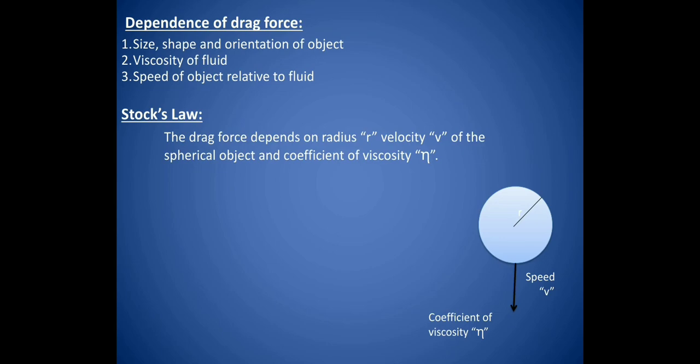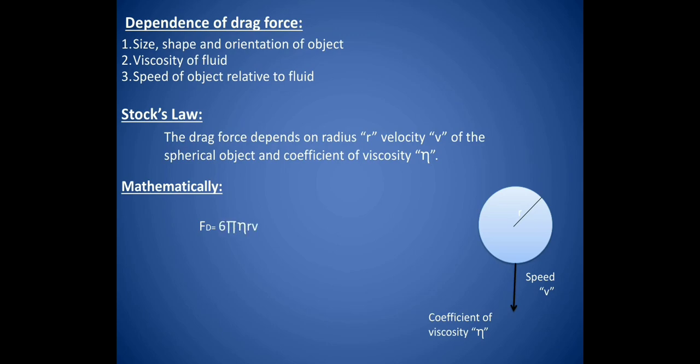Fluid includes not only liquids but gases as well, right? Now let us go through the mathematical expression. F of D is the drag force, right? F of D is equal to 6 pi eta r v.